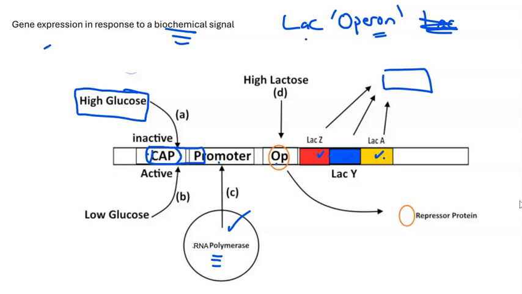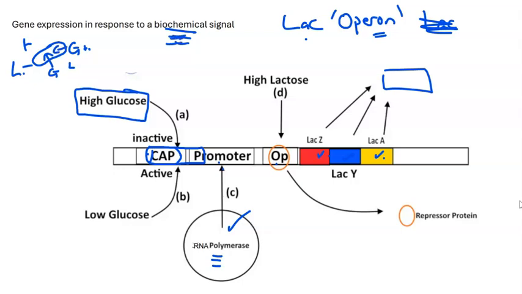So let's think about our bacterial cell here. If it's surrounded by glucose and lactose, but the high concentration of glucose prevents the polymerase from bringing about the expression of the gene, and so glucose is used in preference to lactose.